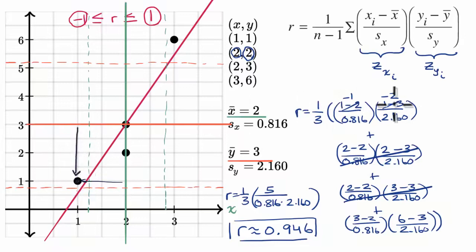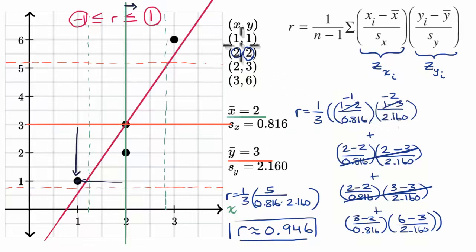And that is our -2 over 2.160. But notice, since both of them were negative, this would become a positive value. And so one way to think about it, it might be helping us get closer to the 1. If both of them have a negative z-score, that means that there is a positive correlation between the variables. When one is below the mean, the other is similarly below the mean.